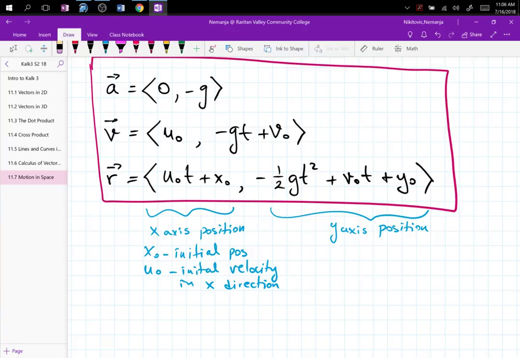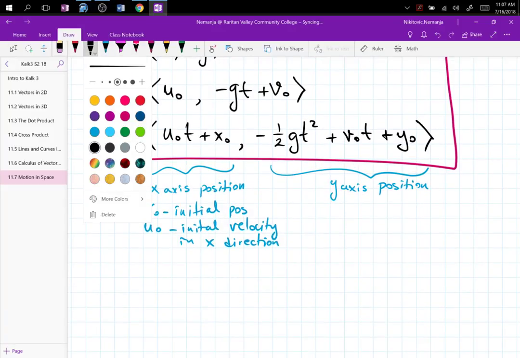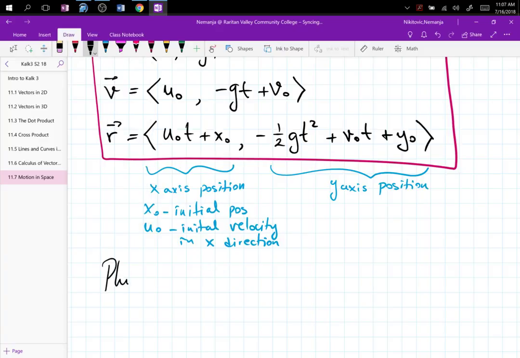Oh yeah, I forgot that they give you these formulas as well. I'll just call them physics formulas. Time of flight.